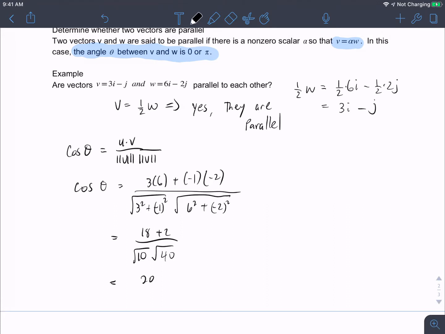And that's going to give me 20 over the square root of 400. And that's going to be 20 over 20, which is 1.